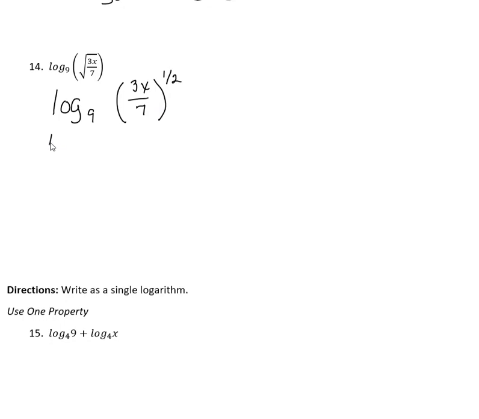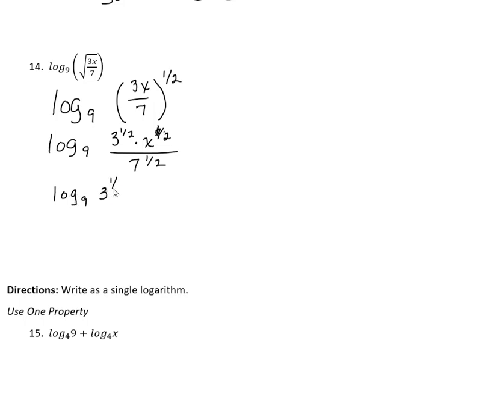Another way to do it is to use my exponent rule first. So I have 3 to the 1/2 power times x to the 1/2 power, and that's going to be divided by 7 to the 1/2 power. And then I can use my product rule and quotient rule and write this as the sum and difference of the logs.